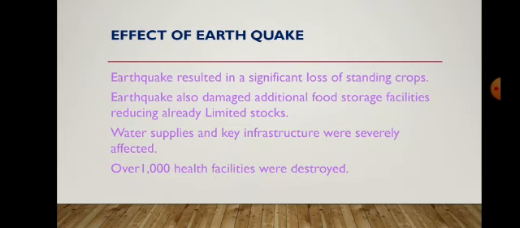Next, water supplies were severely affected. So it also affected public health, due to the spread of WASH related diseases, that is, diseases that spread very fast through water, isn't it? So now the water supply was also affected due to the earthquake.